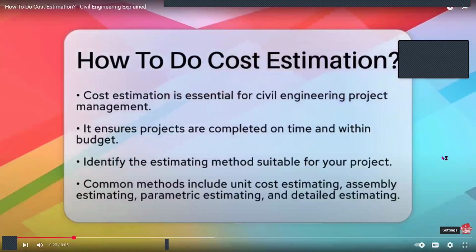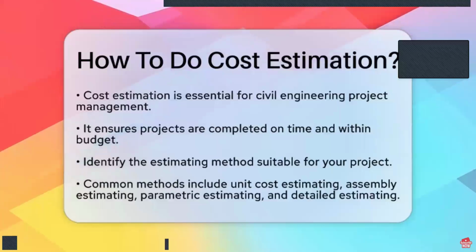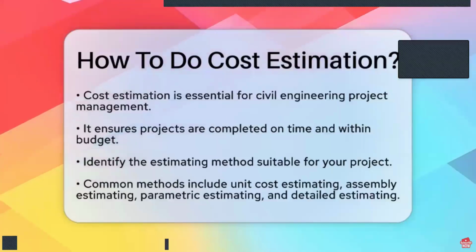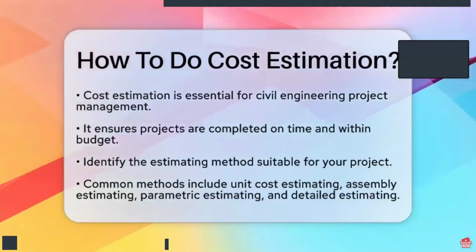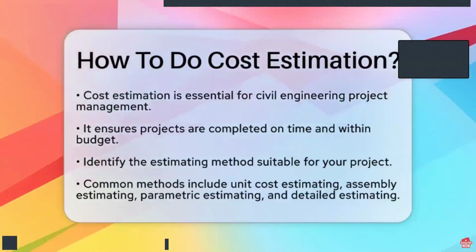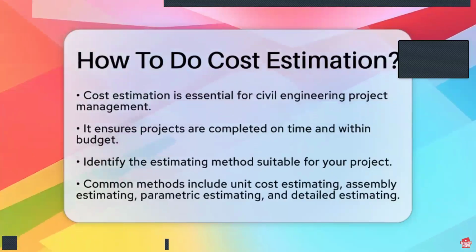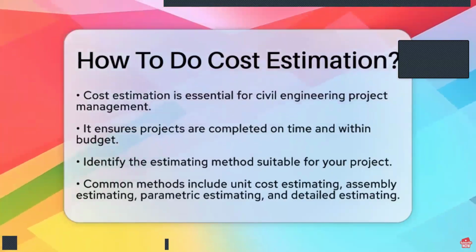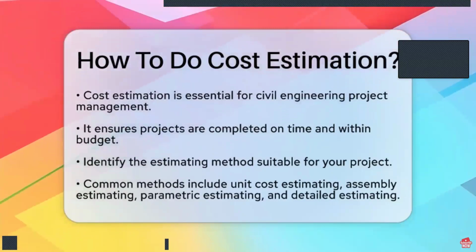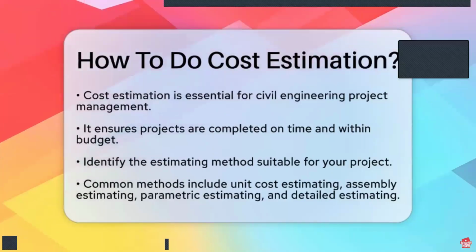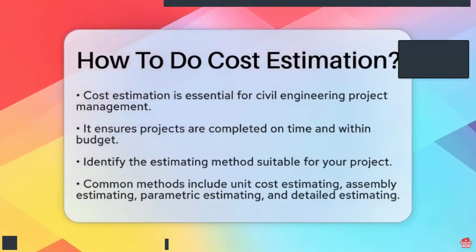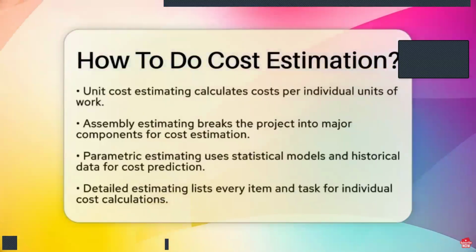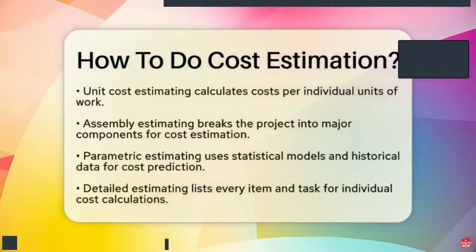First, you need to identify the estimating method that suits your project. There are several methods available, each with its own pros and cons. One common approach is unit cost estimating. This method calculates the cost of individual units of work, like the cost per cubic meter of concrete. Another method is assembly estimating, which breaks the project into major components, such as foundations or electrical systems, and estimates costs for each part.